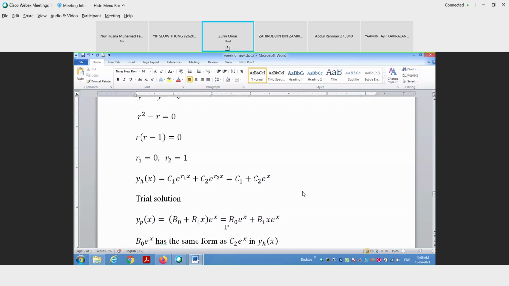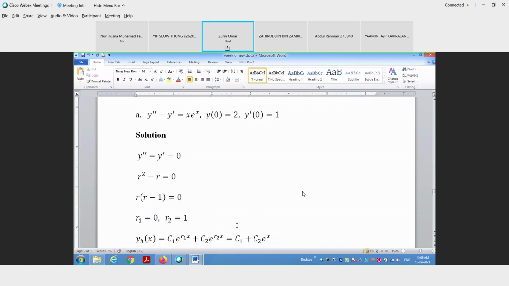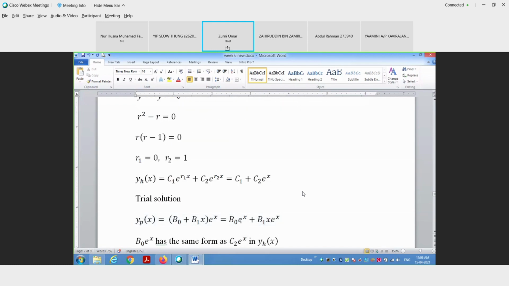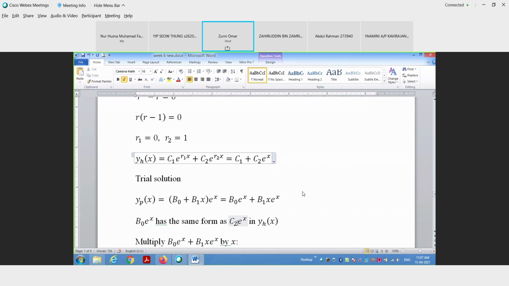You compare each term in yp with each term in yh. You compare this again. This is the same form as c2 e^x. b0 is constant, c2 is constant, and with the same exponent, they have the same form. That's why you need to multiply yp with x.